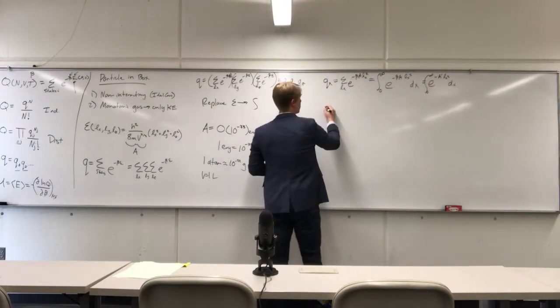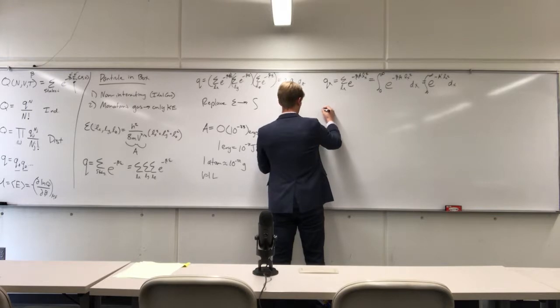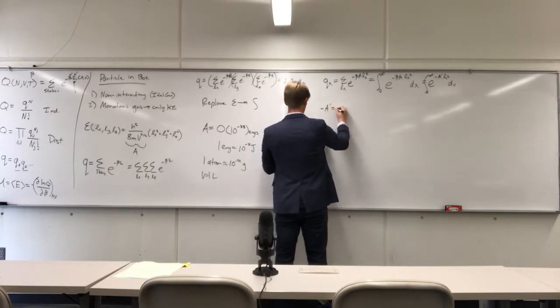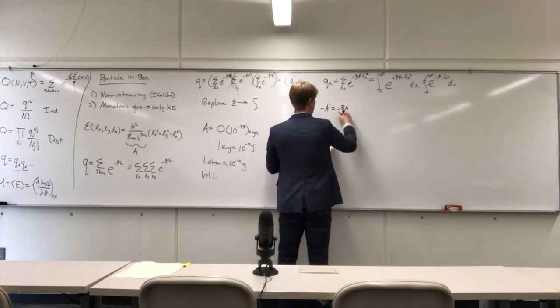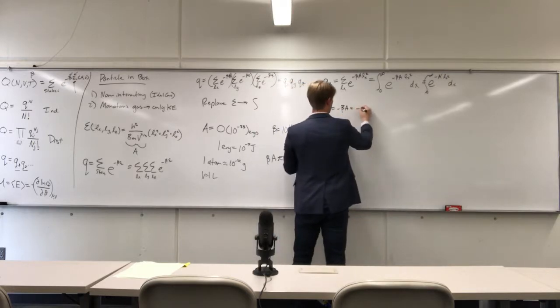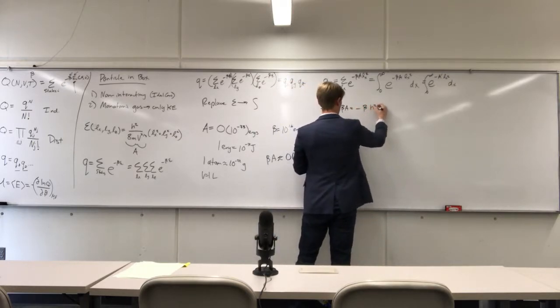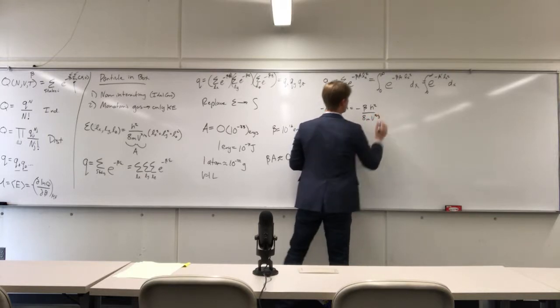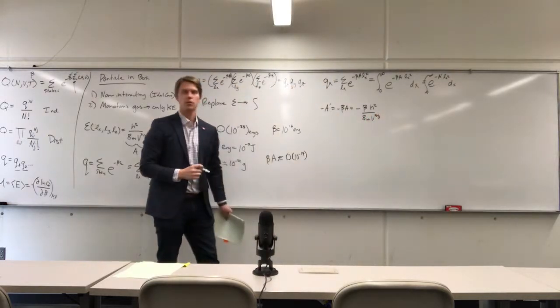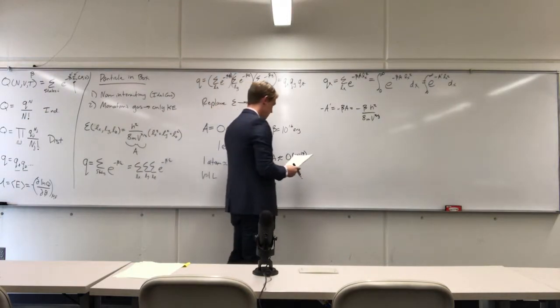So in this case, I will call minus a prime equal to minus beta times our coefficient A, which is equal to minus beta times Planck's constant and the 2/3, just for the sake of completeness for the notes and for the video.